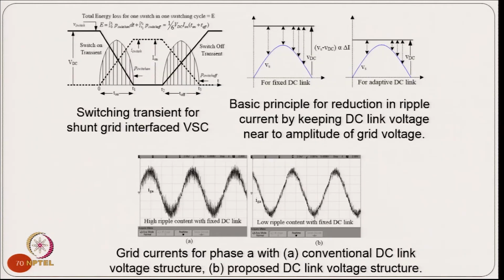And this is the concept of, let us say, the optimum DC link voltage. Here you are keeping a fixed DC link voltage versus an optimum DC link voltage, and you can see the ripple in the grid current with fixed DC link voltage and with reduced optimum DC link voltage. Because if the voltage is reduced, your conduction losses or switching losses, especially switching losses, are reduced.